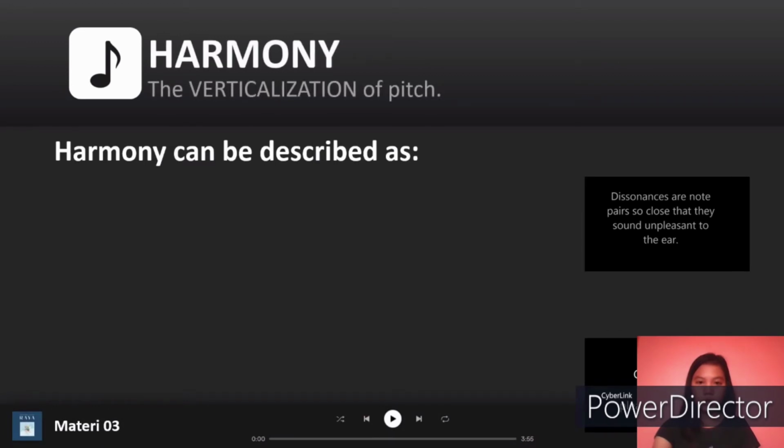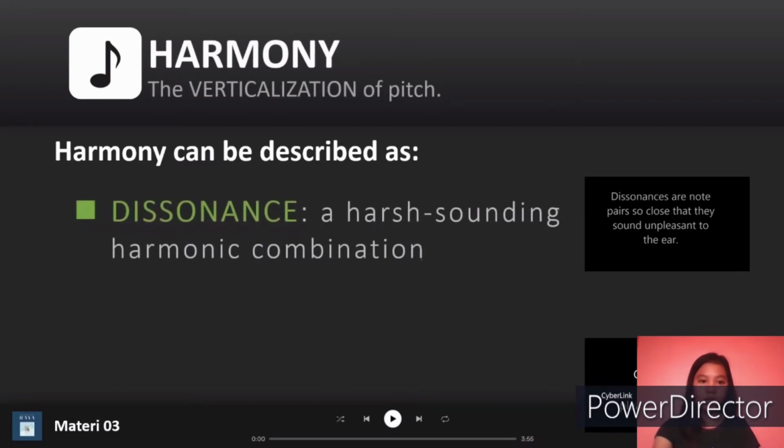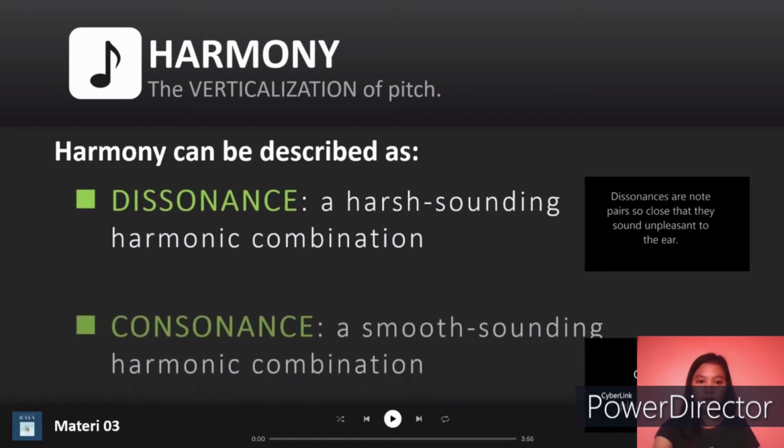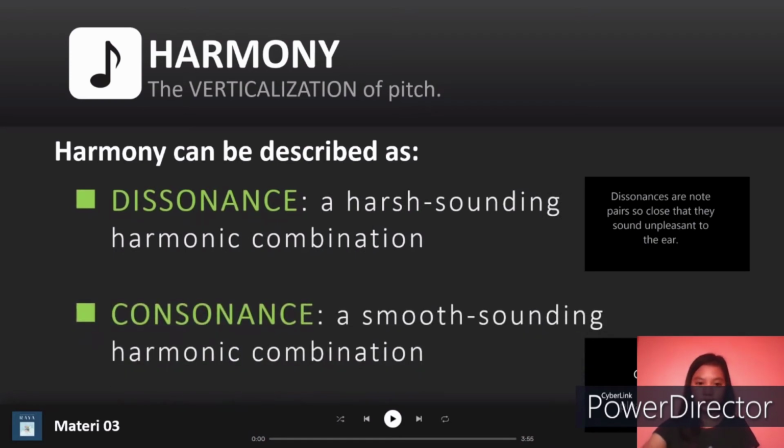harmony can be described as dissonance and consonance. Consonance and dissonance ay tumutukoy sa dalawang magkaibang tunog and the way we respond to them. Consonant harmonies are a combination of pitches and chords which are agreeable or easy to listen to and make a pleasing sound.